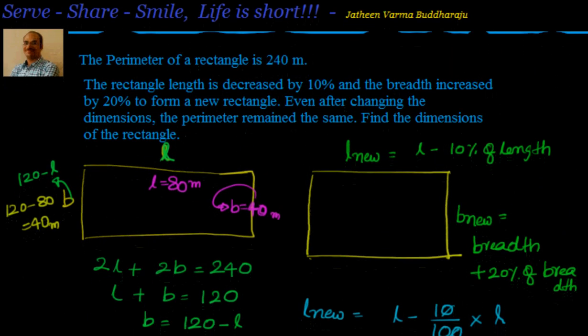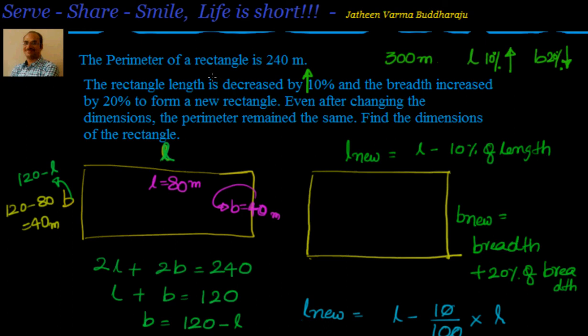Now, on similar lines, I want you to try this problem. The perimeter of the rectangle is 300 meter, it's not 240 for your problem. The rectangle length is not decreased, but it is increased by 10%. So, L increased by 10%. Similarly, breadth is decreased by 20%.